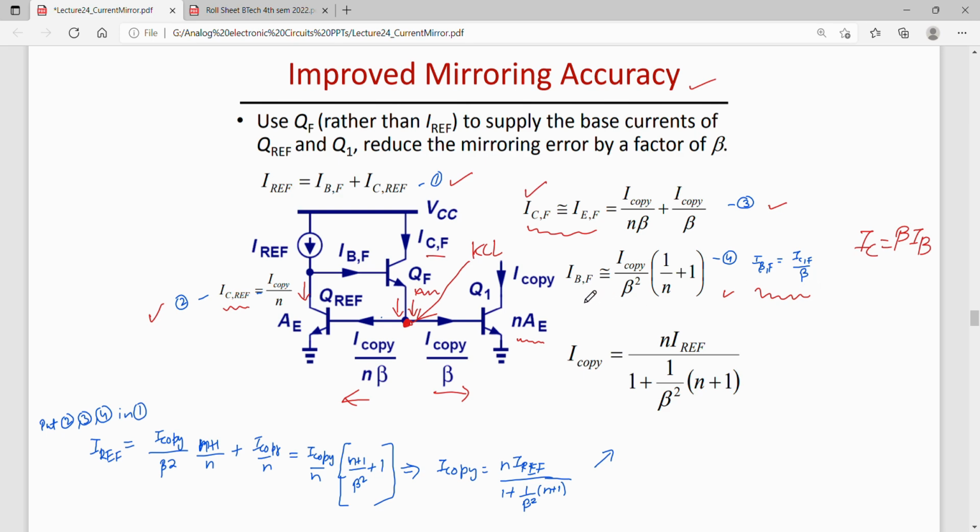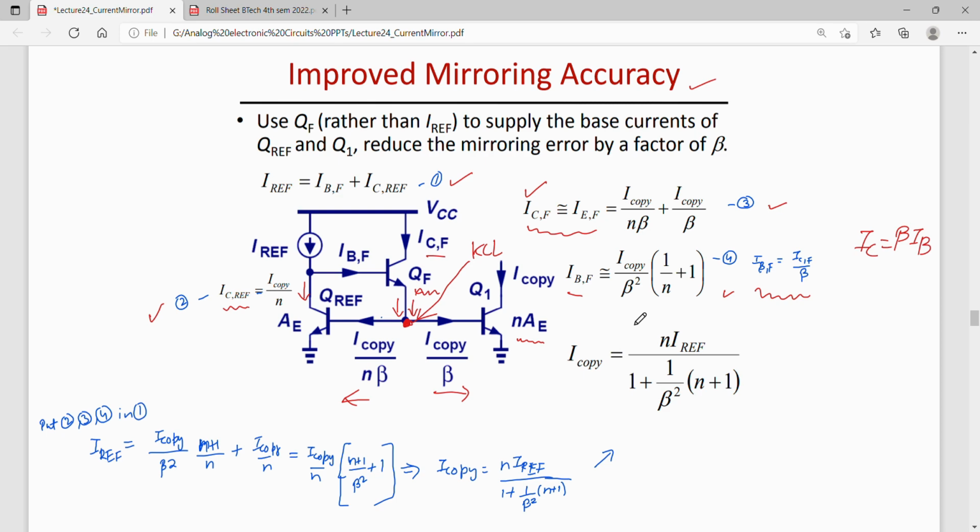So I can find IBF by simply dividing this by beta. So IBF is found here.